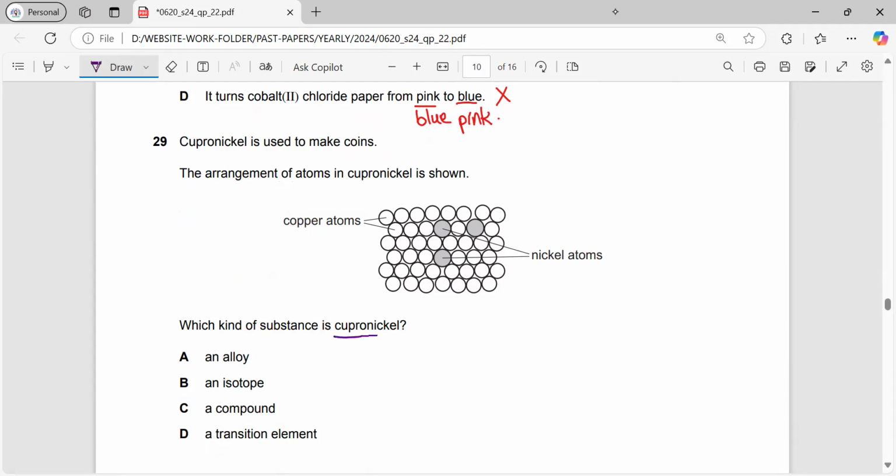An alloy is when different size particles are added into a metal structure, which disturbs the structure, making the layers unable to slide over each other, making it hard. Here we have copper atoms and nickel atoms. They are mixed with each other. So the mixture of metals is called an alloy.